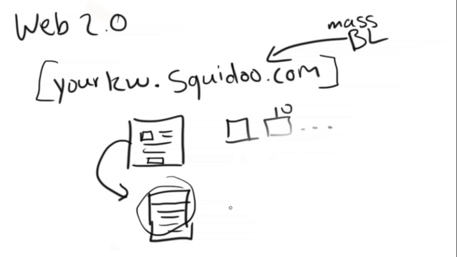So another really cool thing about that is, since websites like Squiddo are basically used to bringing in thousands upon thousands of backlinks daily, you can mass backlink this site without ever having to worry about it getting thrown in the Google sandbox.